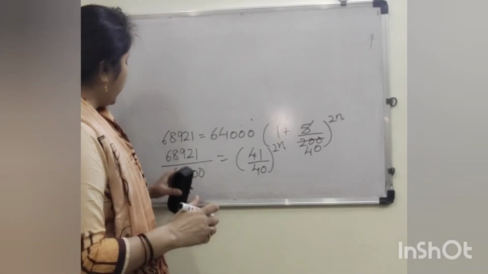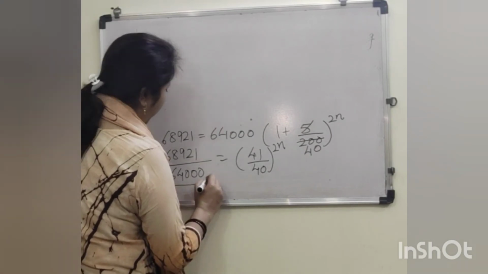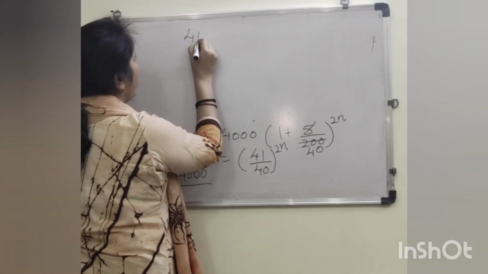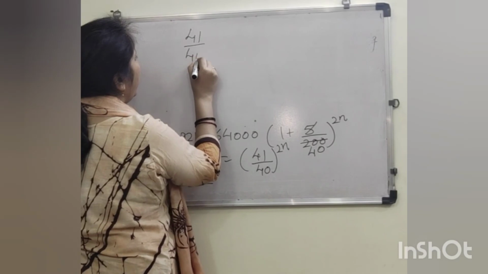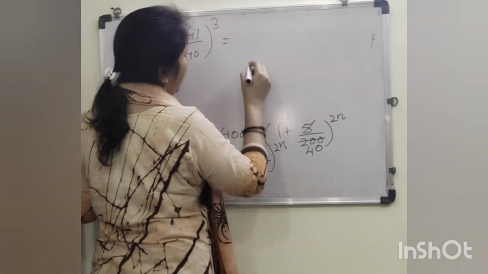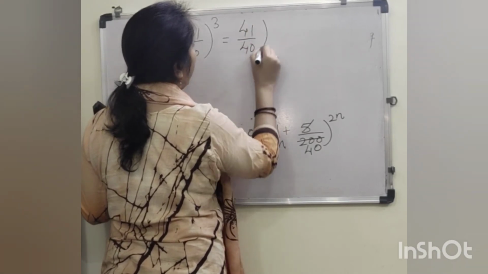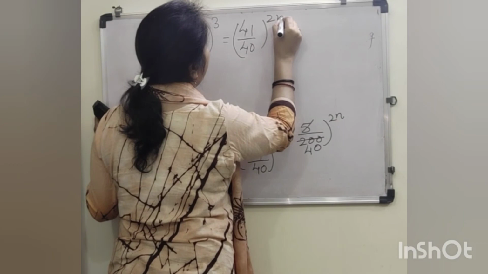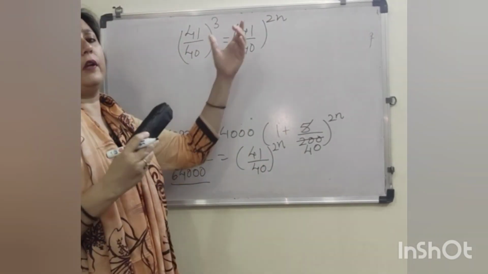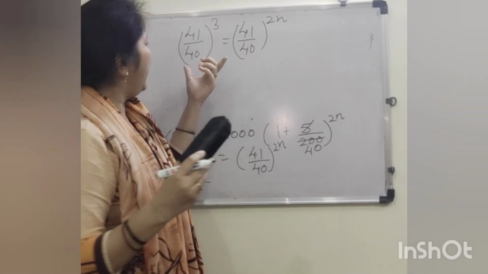Let's move for further simplification. It is the cube of 40. So we have (41 over 40) whole cube is equal to (41 over 40) to the power 2n. Now we use the law of exponents. Bases are the same.